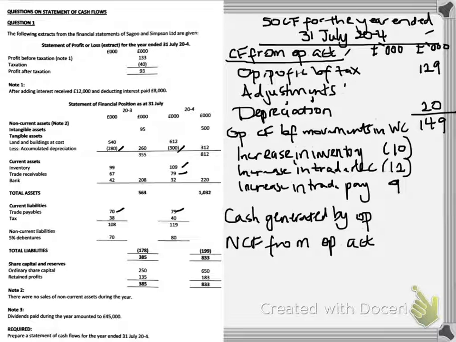So 9 pounds. Now 13. And cash generated by operating activities is 136.